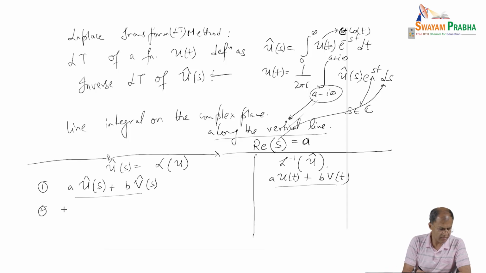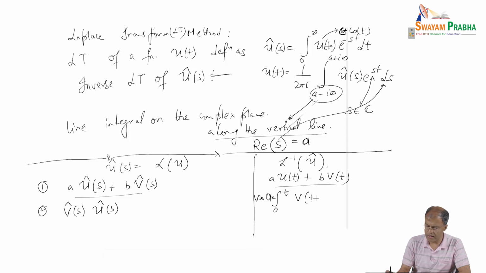Then for the product v hat s times u hat s, if we want to take the inverse, the answer comes out to be a convolution, v convolved with u, defined as the integral from 0 to t of v of t minus r times u of r dr.